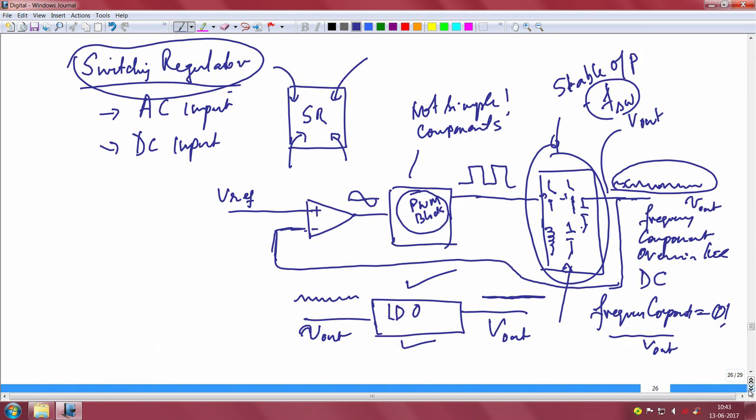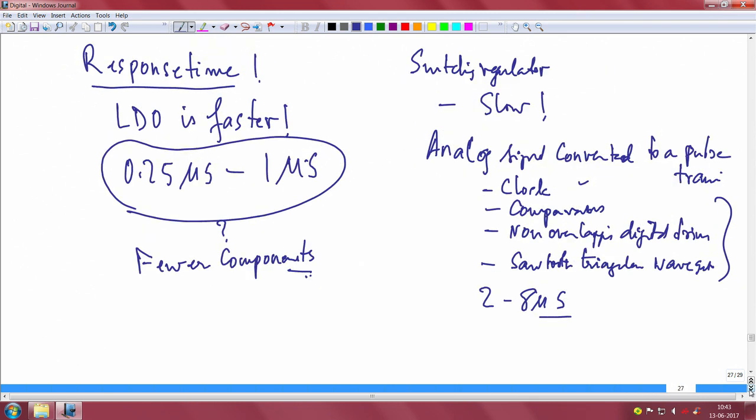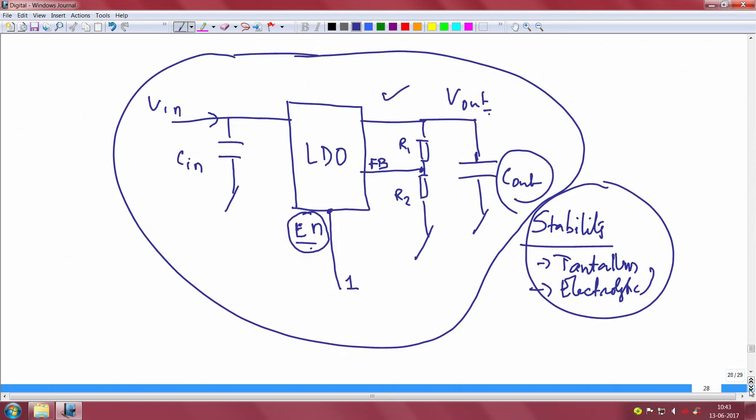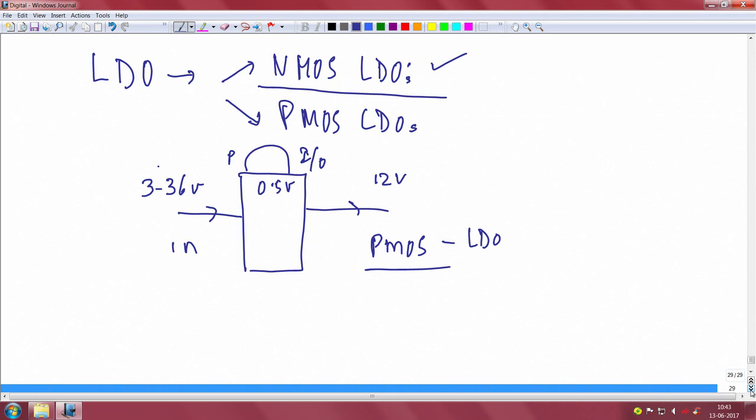That will help you connect several things in this course. For convenience, let me redraw this N channel, series pass element based, N MOSFET based LDO internal circuitry.